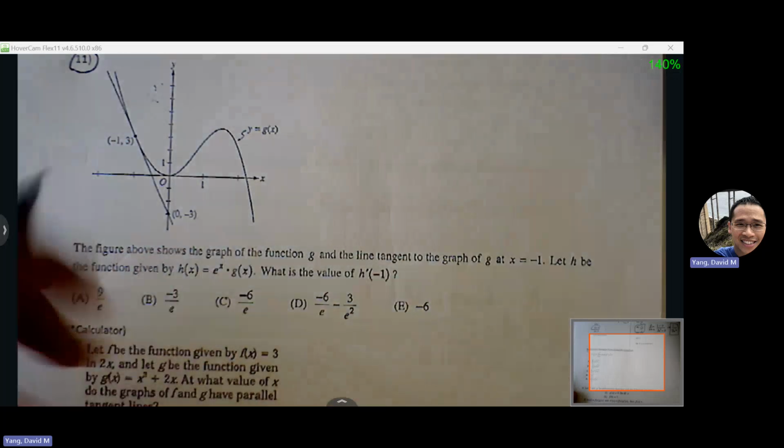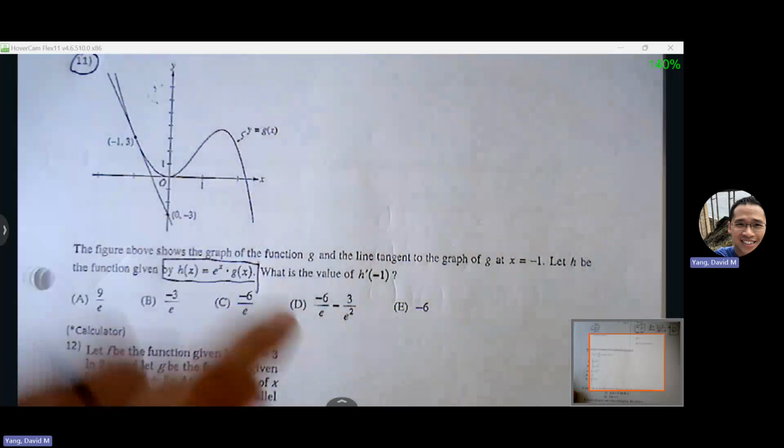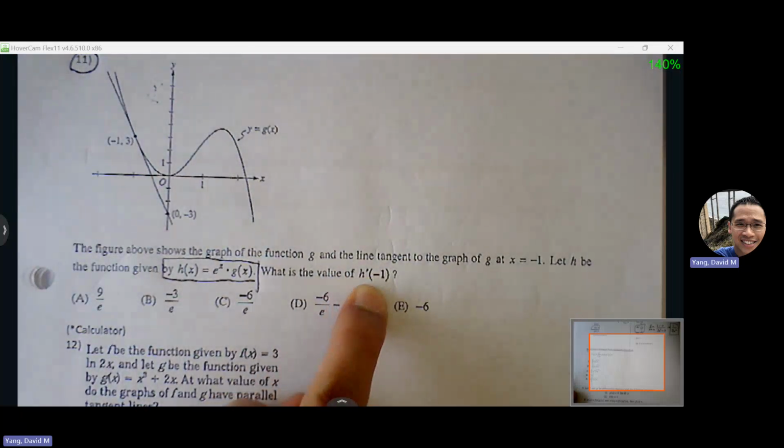Let h be the function defined by h of x equals e to the x times g of x. What is the value of h prime of -1?